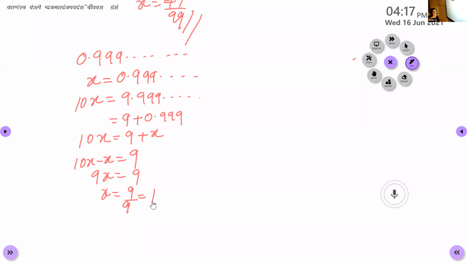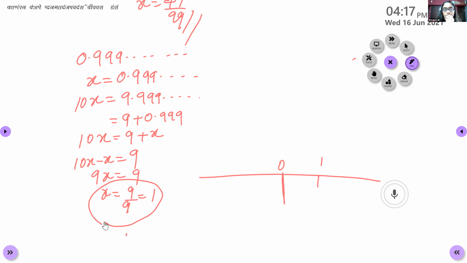So 0.9999 is going to reach where on the number line? Between 0 and 1, it reaches 1, but it's not becoming equal. It is approximation only. Ma'am, is the first step 10x equal to 9.99?